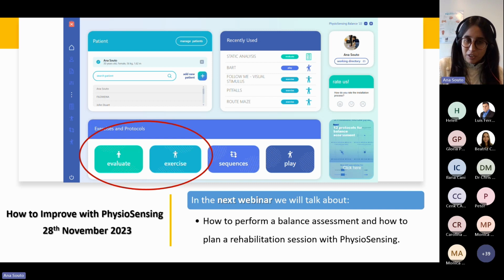Okay, this is a fictional patient, so they are fictional results, but we will show you the results and we will interpret them together, and then I will show you how to create a rehabilitation session with exercises from our protocol and how to change the parameters of each exercise to fit our patient's needs.